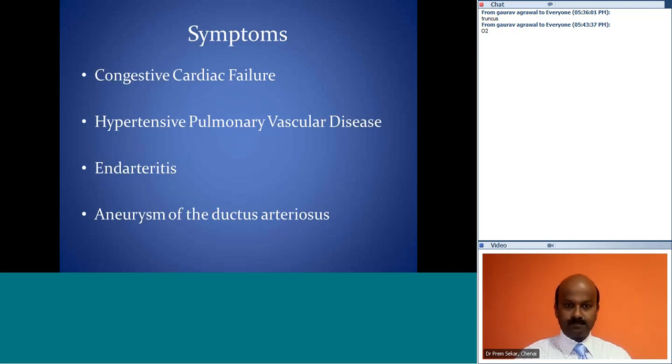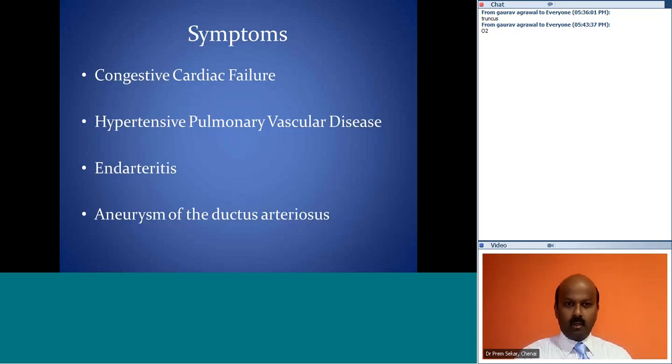Number 1 is the morphology of the ductus, where the length of the ductus, the narrowest portion of the ductus, and the elasticity of the ductal wall causing impedance to flow are what determine the flow. These cause some resistance to flow in the ductus. Number 2 would be the relative resistance between the systemic and the pulmonary circuit, which would be the pressure gradient across the aorta and the pulmonary artery, which would determine the magnitude of the flow.